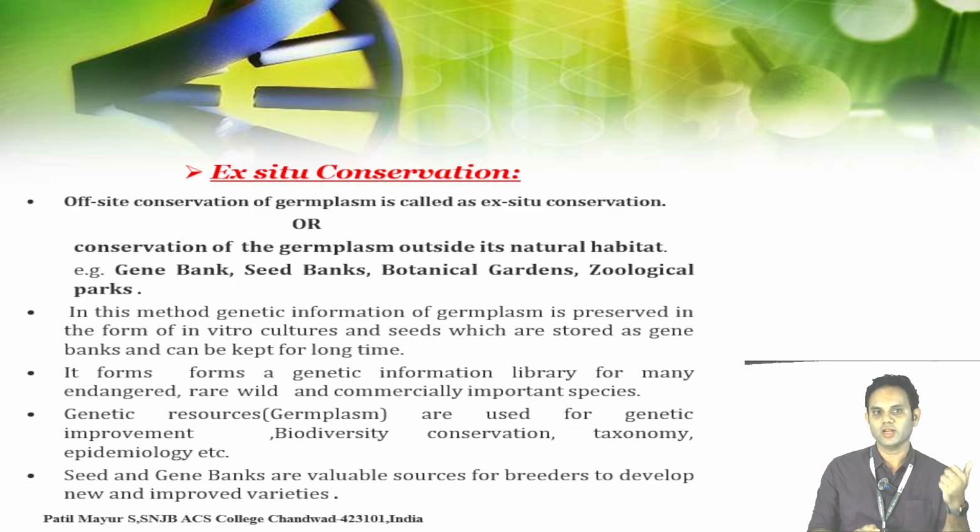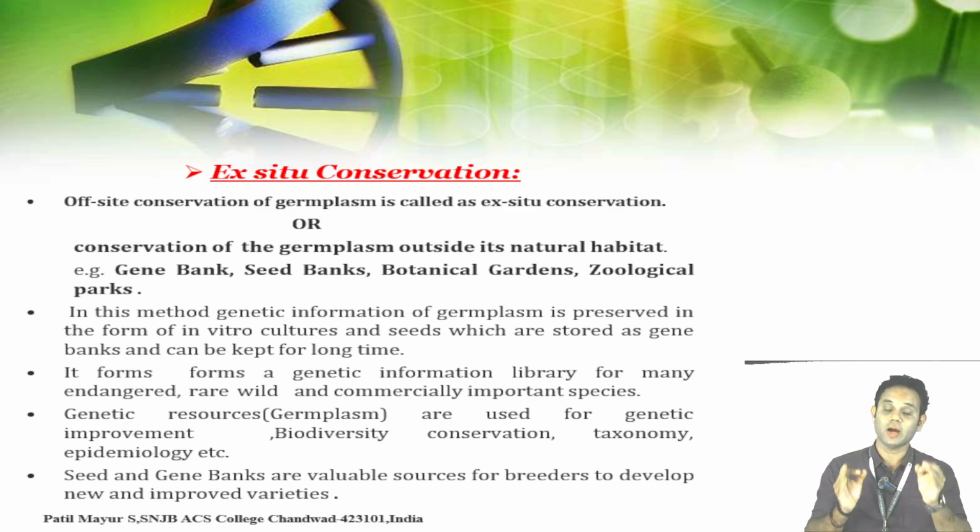And I told you about biodiversity conservation, because it is a very important aspect. We are living on this earth and we are just one part of it. Compared to other living organisms, we are just one kind of living organism, and other living organisms have an equal right to be present on this earth.